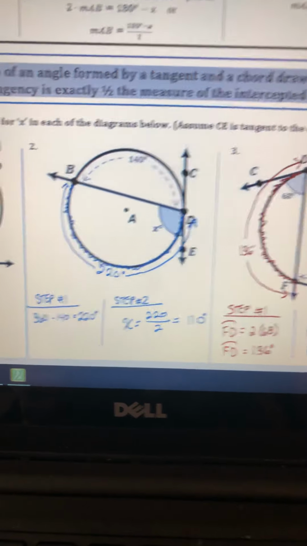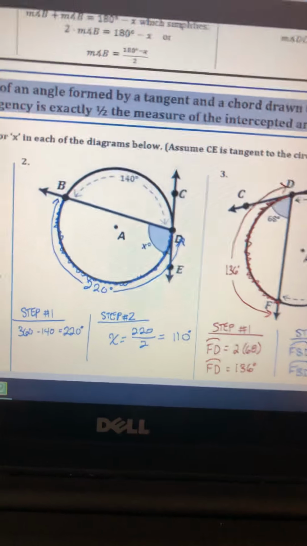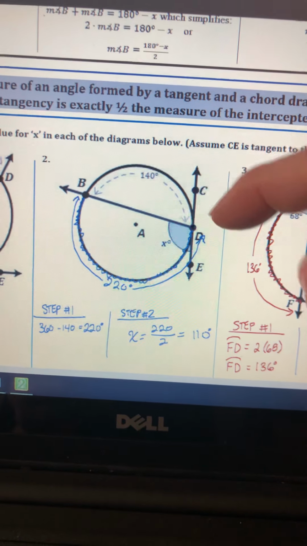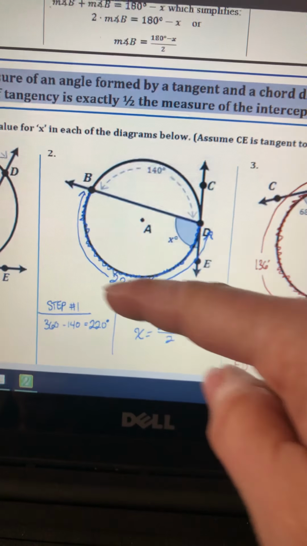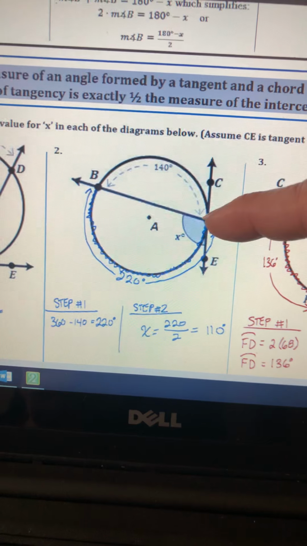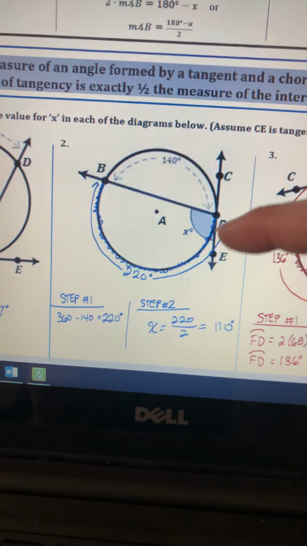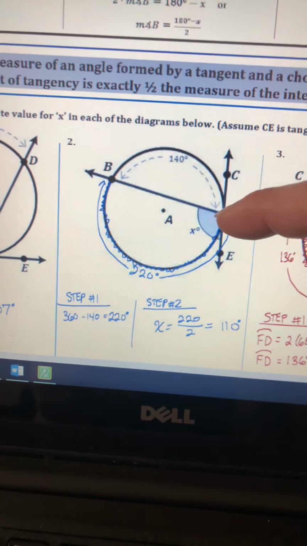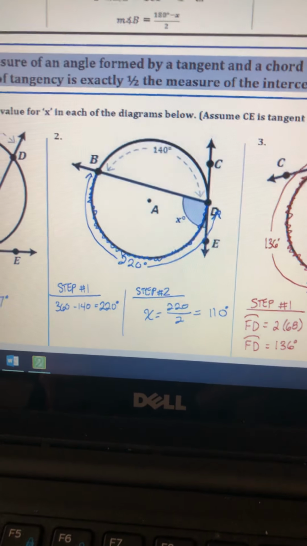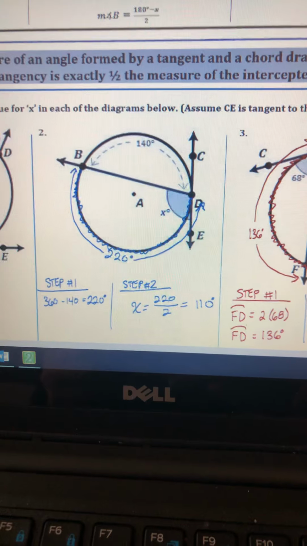If we go to number 2, we see that this arc from here to here is 140 degrees. So all we have to do is take 360 and subtract 140, and we get the measure of this arc as 220, and then we take half of that to get x, which is equal to 110 degrees.